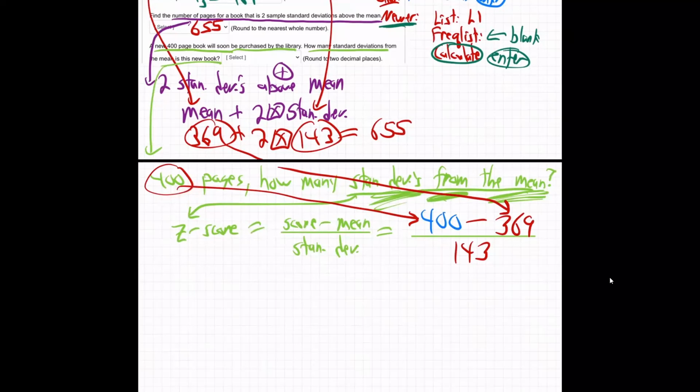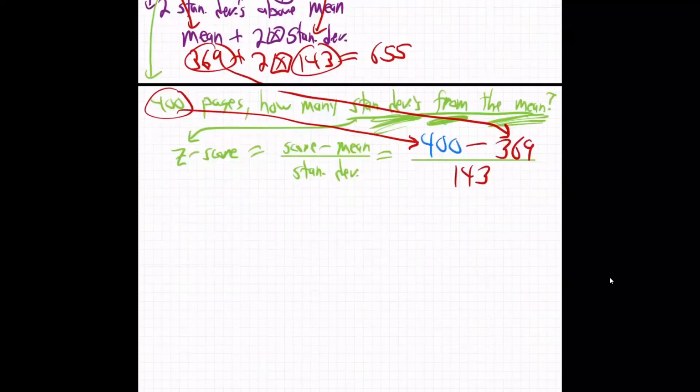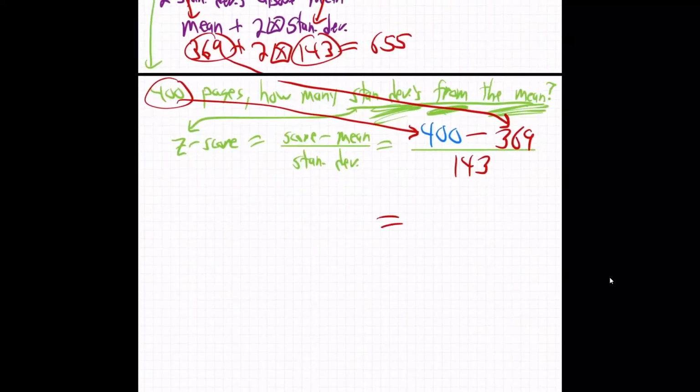How many standard jumps, or how much of a standard jump is it above? Well, subtract, find out how many pages above the average it is, and divide that by 143, because 143 is the standard jump. It's only going to be a part of a standard jump. So if you subtract that, you're going to get 31 over 143. So it's only a part of a standard jump above.